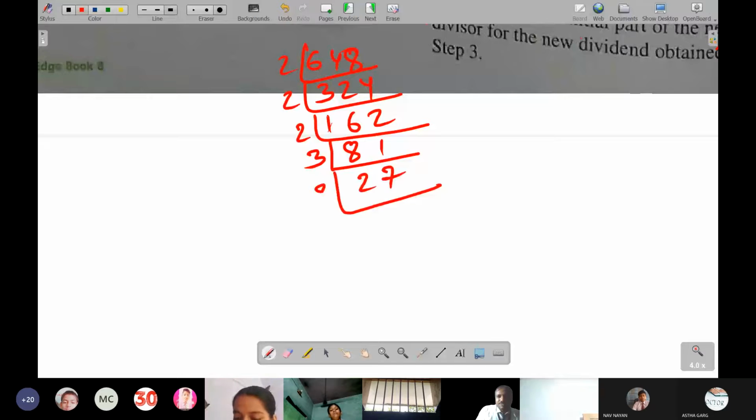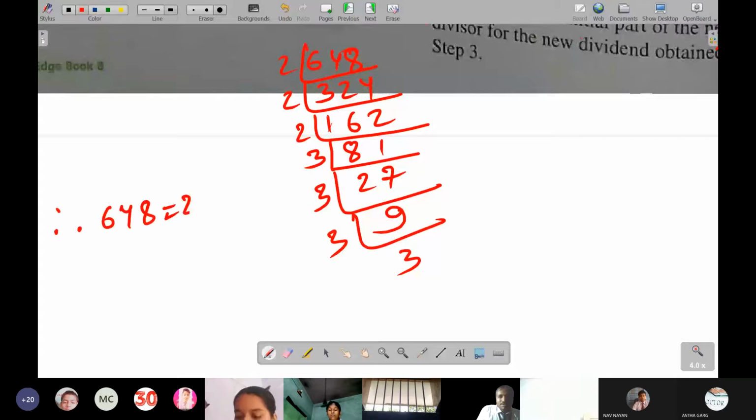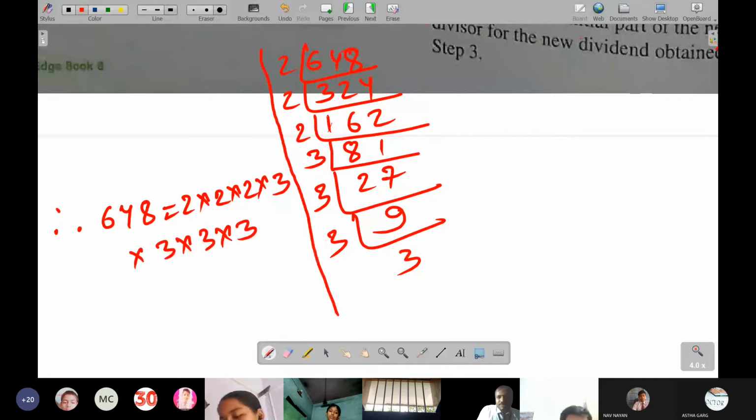So what will happen? We can write therefore 648 is equal to 2 into 2 into 2 into 3 into 3 into 3 into 3. Then there is no pair of 2.